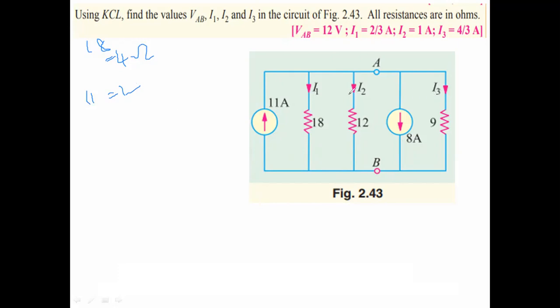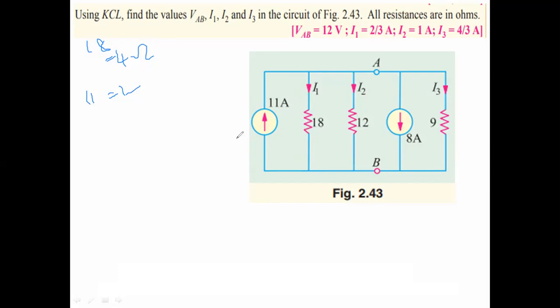So I1 plus I2 plus I3 is equal to 11 minus 8, which is 3 amperes. That is the overall current in the network. Here we have to find the voltage drop across A and B, between these two terminals.